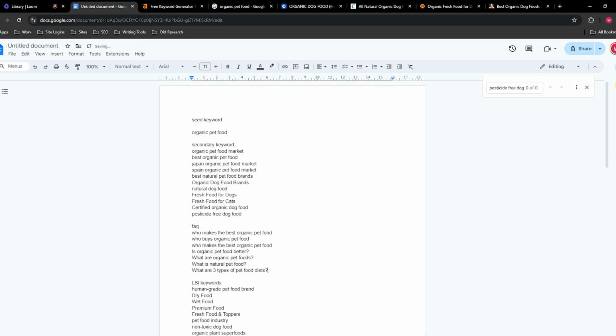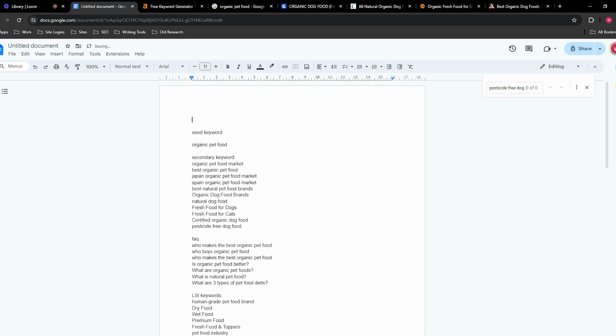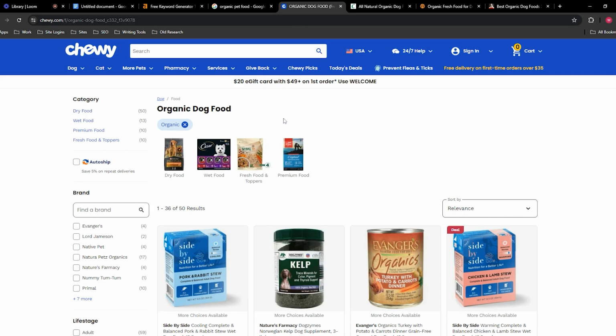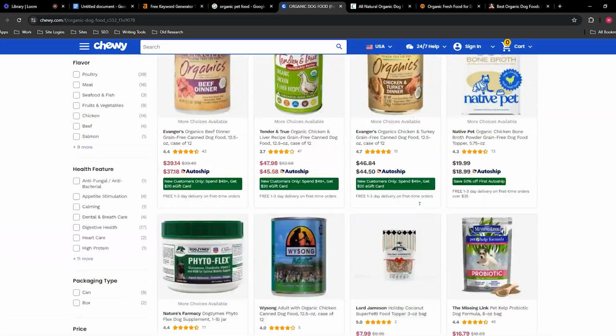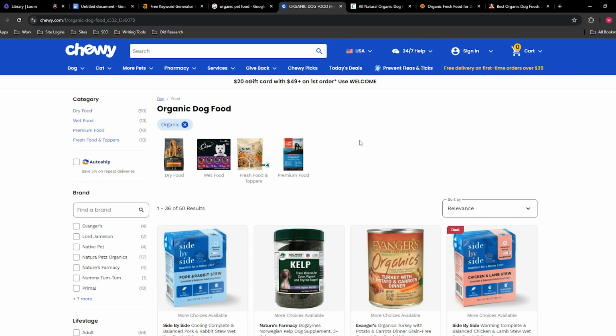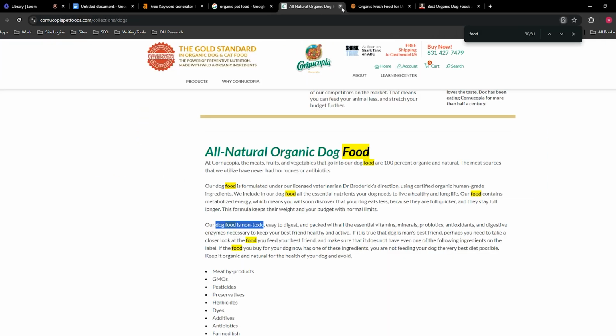Now, to understand the word count of this supposed article or page, we would need to see what our competitors are doing. If we go back to the first page, they don't have any text, so we can't possibly get a word count for this one. We'll have to close it.